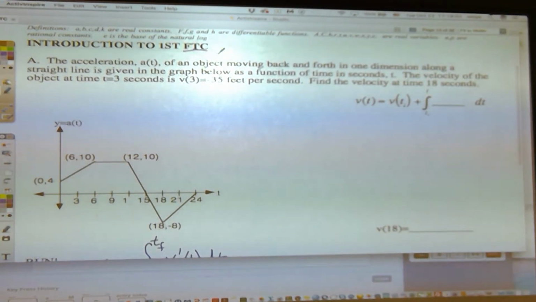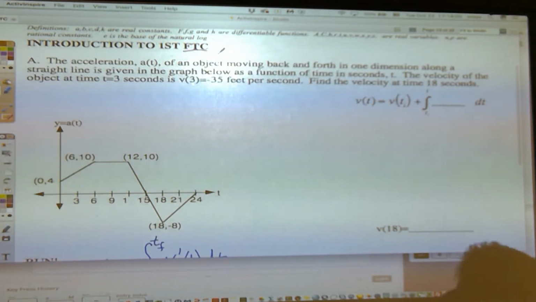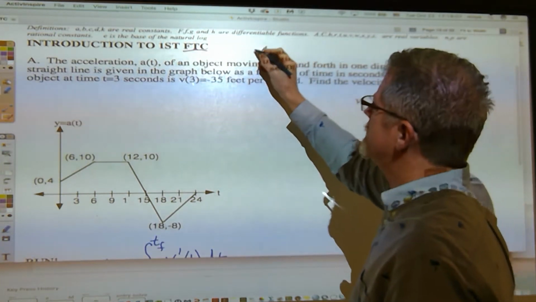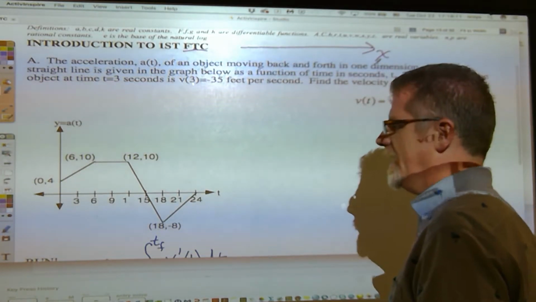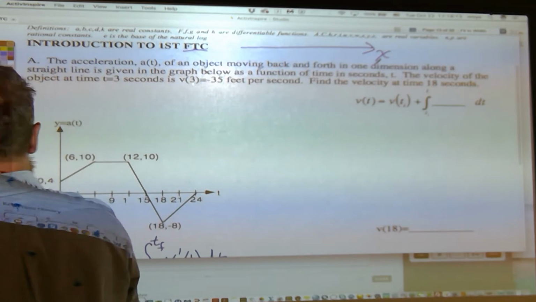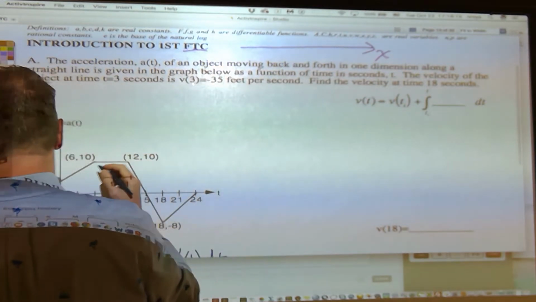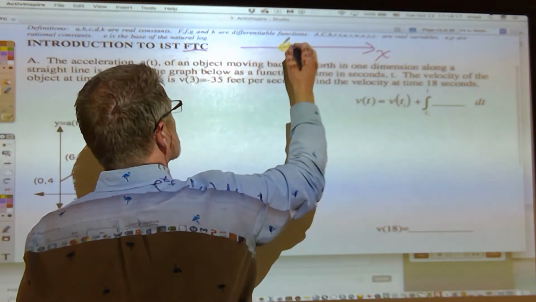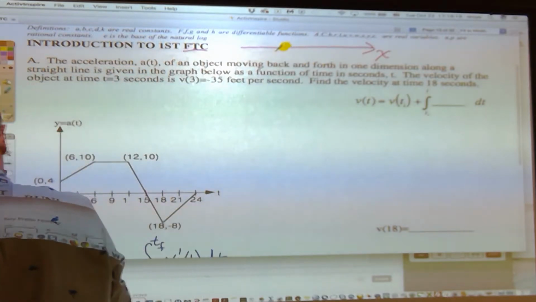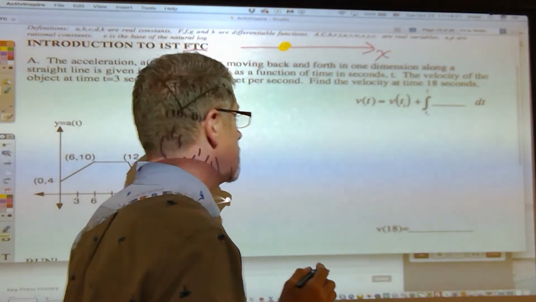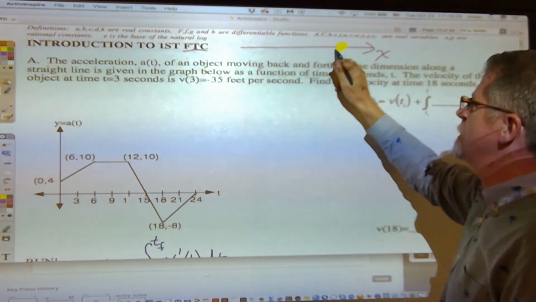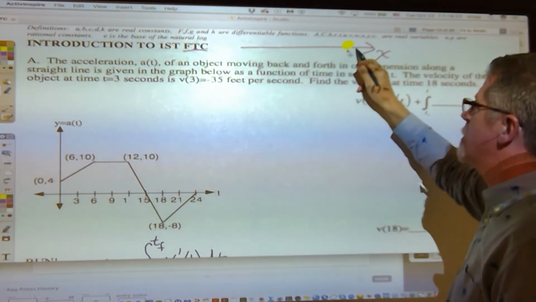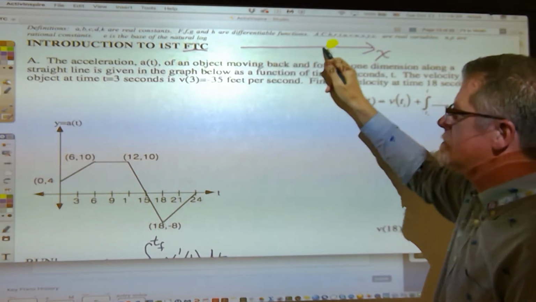It says the acceleration a of t of an object moving back and forth in one dimension. So this is called rectilinear motion. We have, let's say, an x-axis, and this particle, reductionistically speaking, is moving sometimes right, sometimes left.